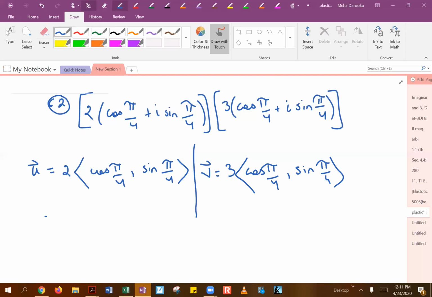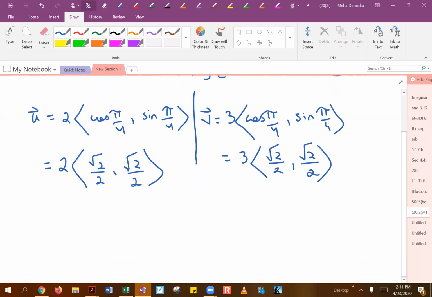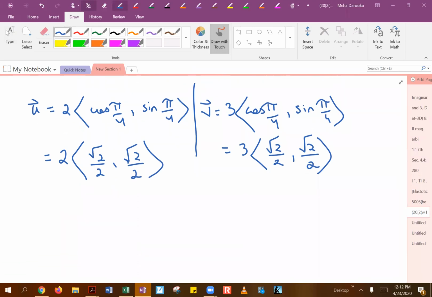So these guys will then become, again, that 2 on the outside, square root of 2 over 2, square root of 2 over 2. And this guy will have a 3 on the outside, square root of 2 over 2. So cleaning these up, what will we end up getting? For the left-hand side, it's just going to be root 2, root 2.